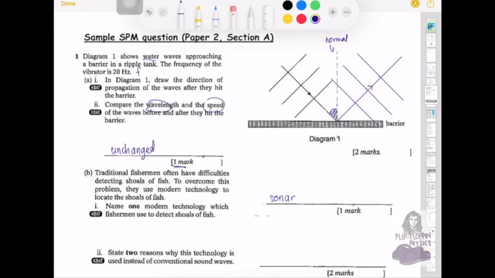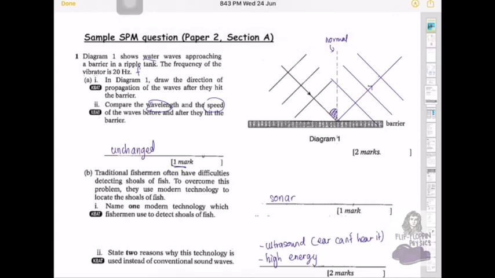The first reason is because it uses ultrasound, which is outside the range that a human can hear. And also because sound waves have high energy because of the high frequency. Okay, ultrasound. All right, that's the answer for this question.